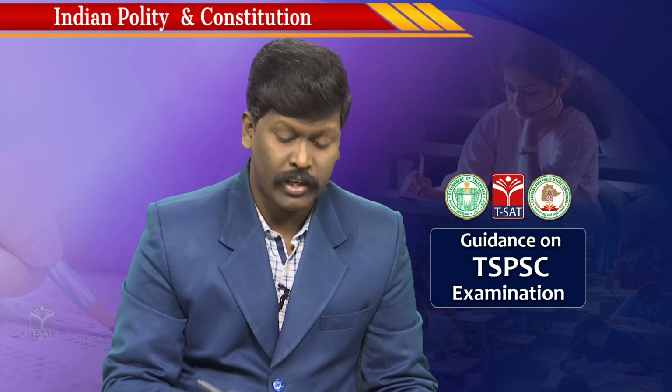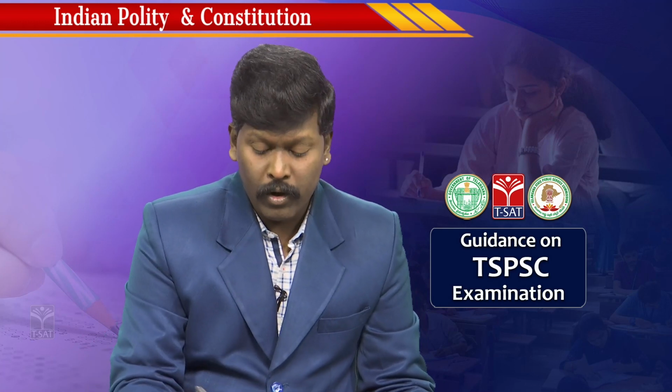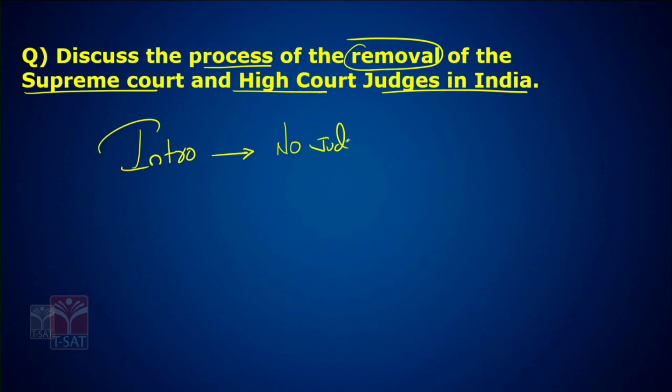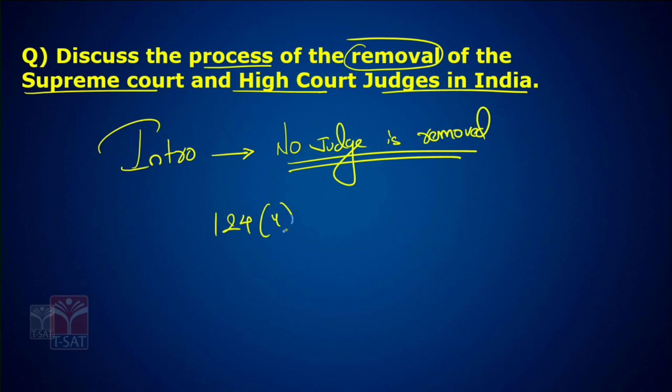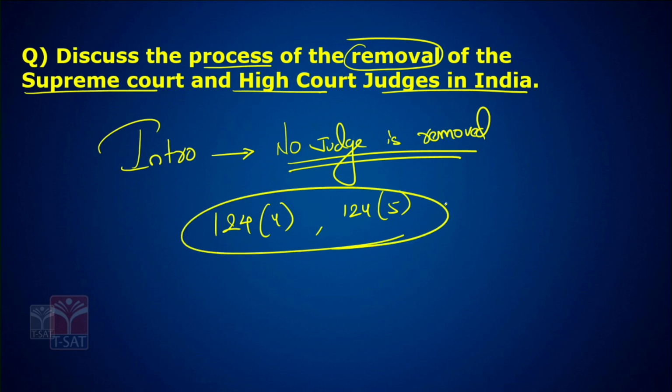In the introduction, you need to say that till now no judge has been removed by this process. Article 124 clause 4 and Article 124 clause 5 deal with the removal of the judges of the Supreme Court.